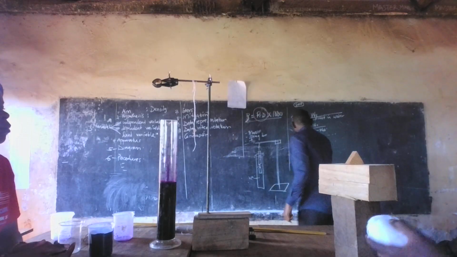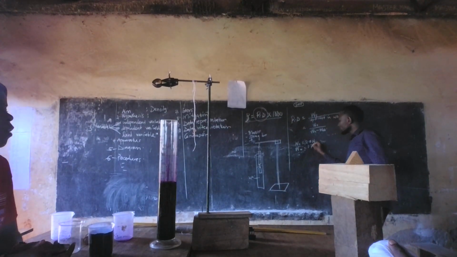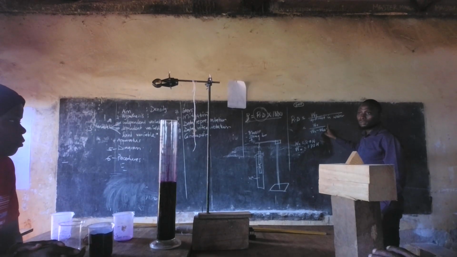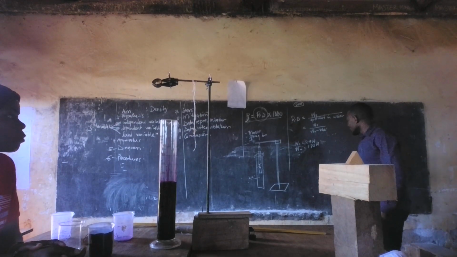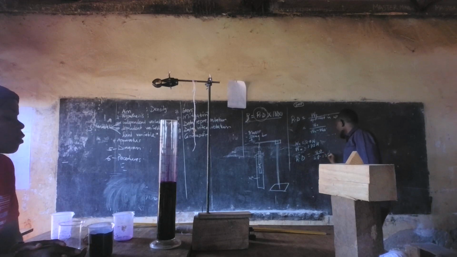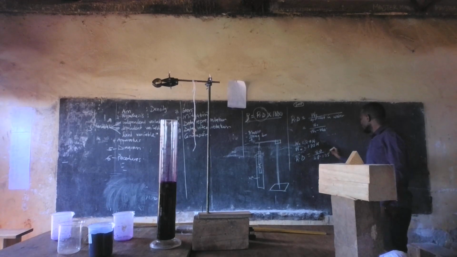Now, the weight in water is 1.75 newtons. Then you can feed it into this expression. Your relative density would be 2.0 over 2.0 minus 1.75. Then someone with a calculator replaces this and gets the final answer.